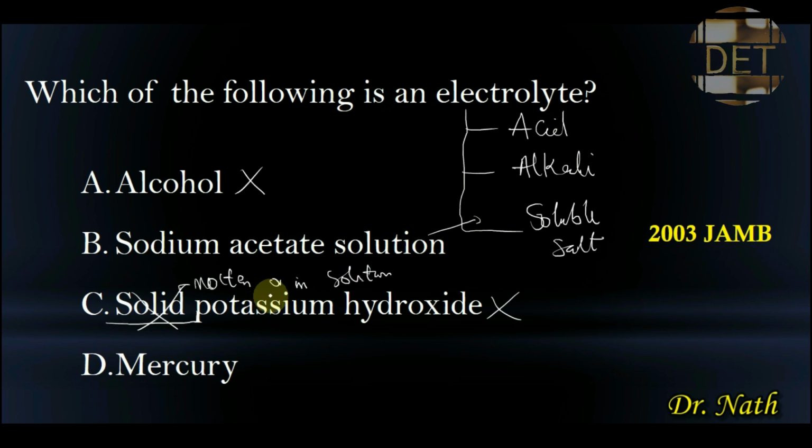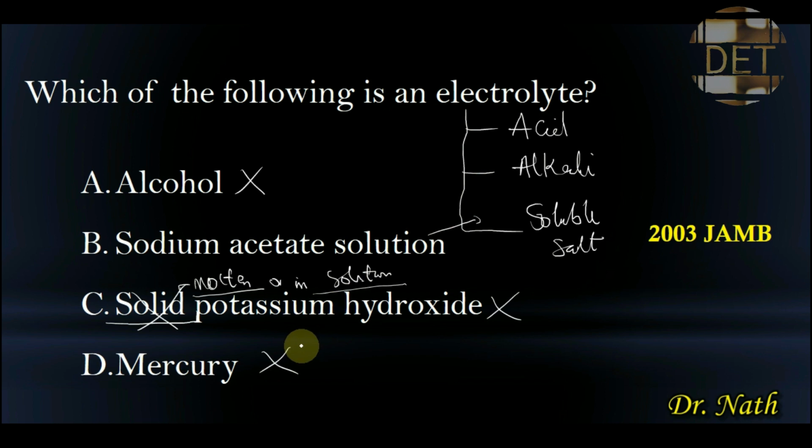Remember from the definition, an electrolyte is the molten compound or that compound in solution which conducts electricity and is decomposed at the electrodes during electrolysis. So it has to be molten or be in solution. This is what defines an electrolyte. So being solid potassium hydroxide makes it not an electrolyte. Is it mercury? Mercury is not an example of an electrolyte.